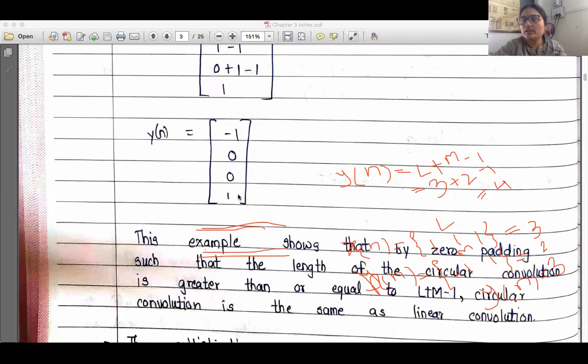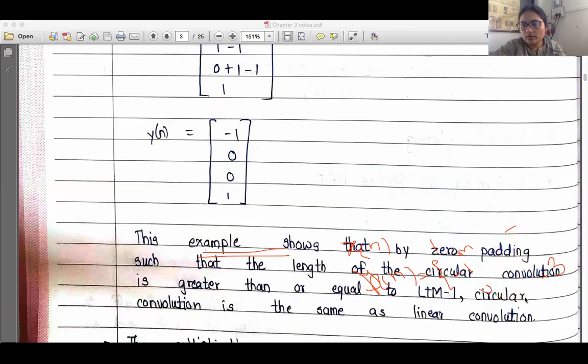Here you can observe that the output using circular convolution and the output using the linear convolution method are both matching, so we can say that by adding zeros this works.